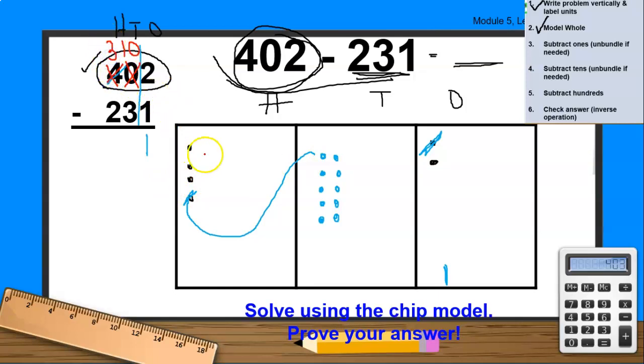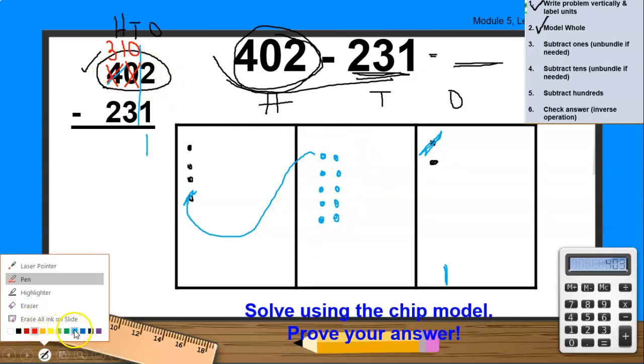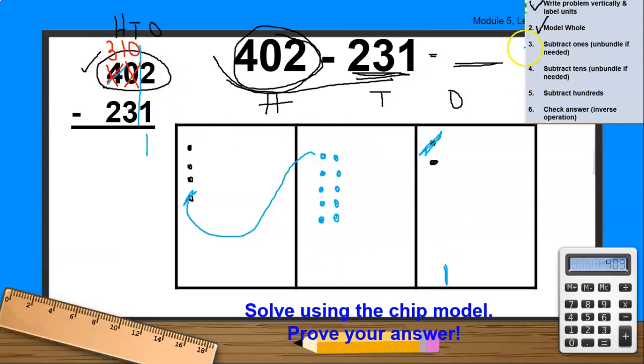So I have 300s and 10 tens, and this is exactly what it says there. So I am ready to subtract now, boys and girls, because I already subtracted the ones. I'm ready to subtract the tens. So I look at the tens column. 10 minus 3.